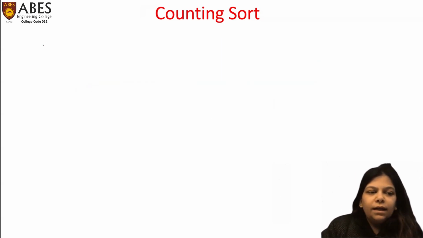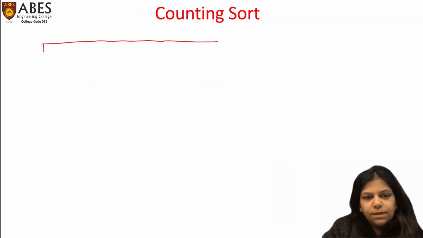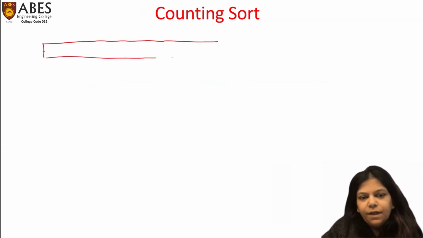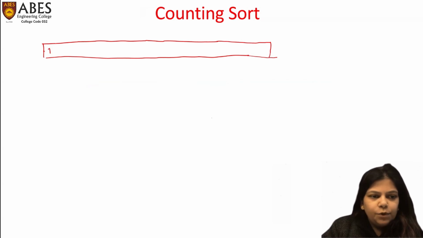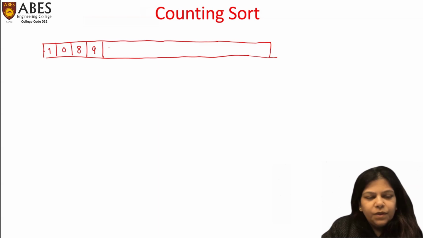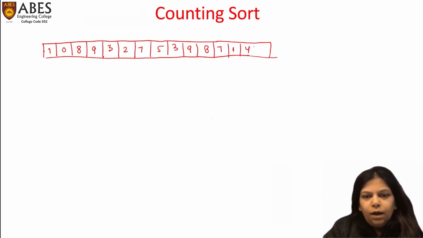So, in order to have a better understanding of how the counting sort algorithm works, let us take an example wherein we have several elements ranging from 0 to 9 and they are stored in unsorted manner. Suppose we have 7, 0, 8, 9, 3, 2, 7, 5, 3, 9, 8, 7, 1, 4, and 5.